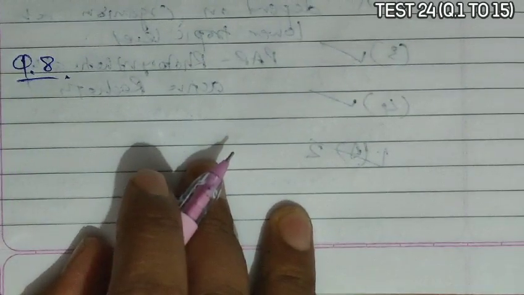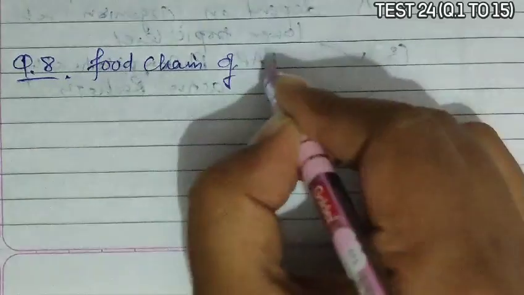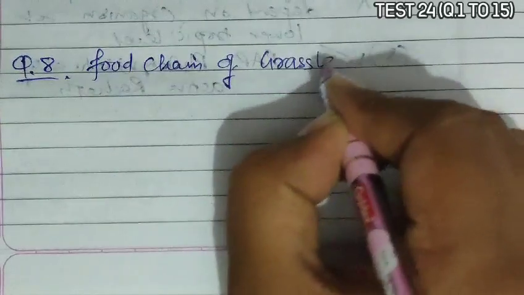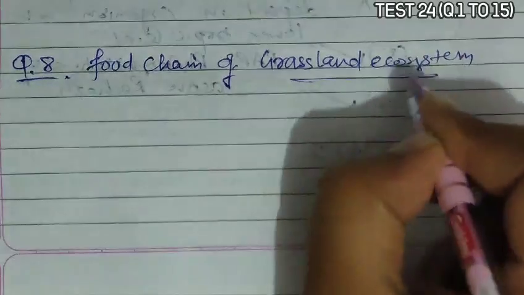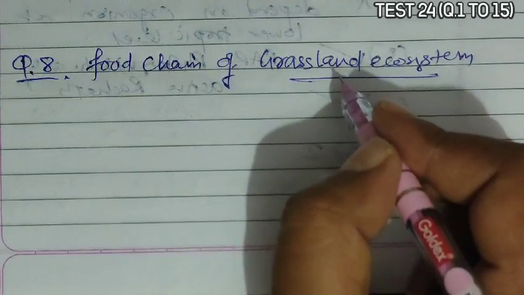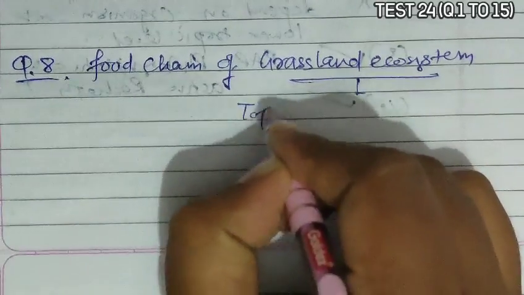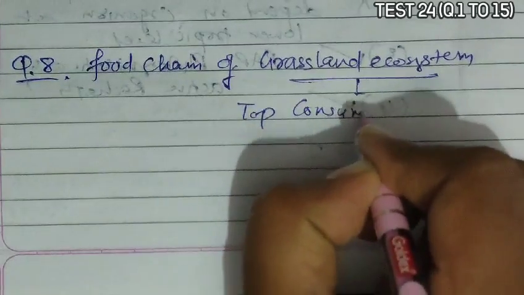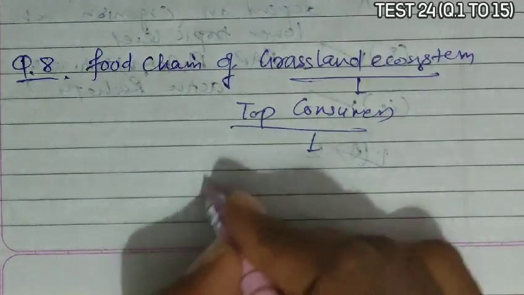Question 8. Question 8 asks that in the food chain of grasslands ecosystem, top consumers are nothing but they are the top carnivores.